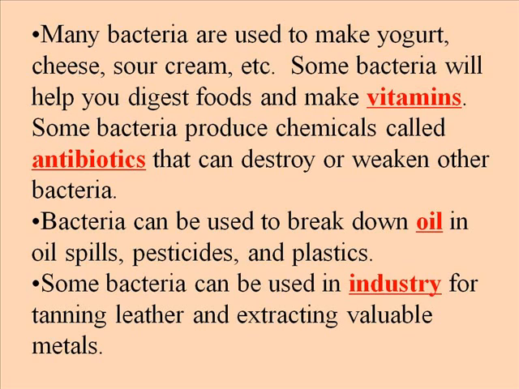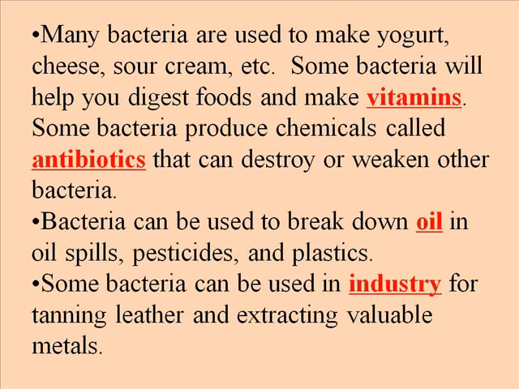Some bacteria help you digest food. We have anaerobic bacteria living in our intestines that help us digest. We also have some bacteria that help us to make vitamins. Some bacteria are used to make chemicals called antibiotics that can destroy or weaken other bad bacteria that may be making us sick.